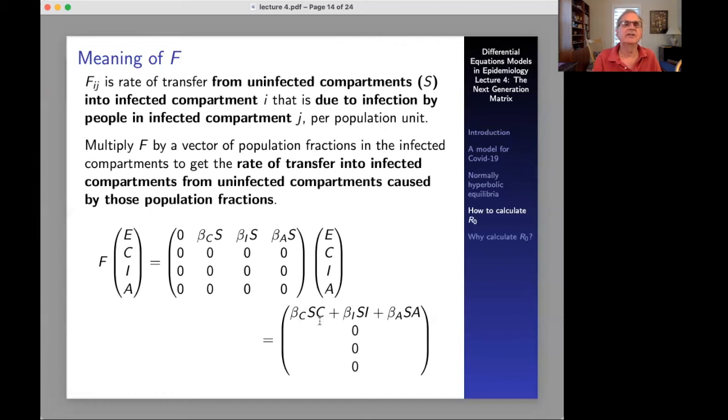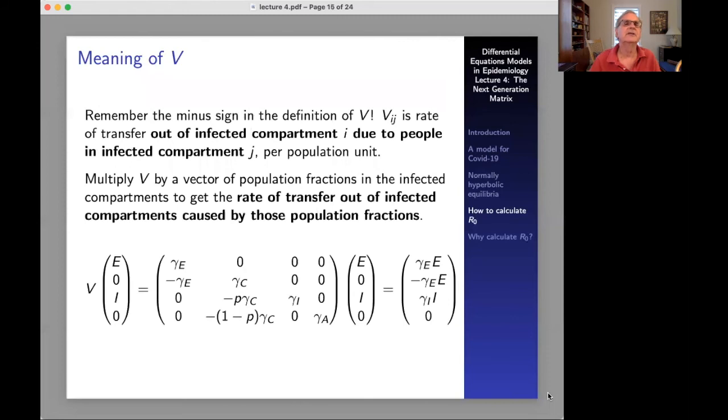Beta CSC is the transfer caused by people in infected compartment C. Beta ISI is the transfer caused by people in infected compartment I. Beta ASA is the transfer caused by people in infected compartment A. They're all giving the disease to susceptibles. Susceptibles, when they catch the disease, always transfer into compartment E. That's why all these other entries are zero. No matter how many infectives are running around, susceptibles never transfer into these other compartments.